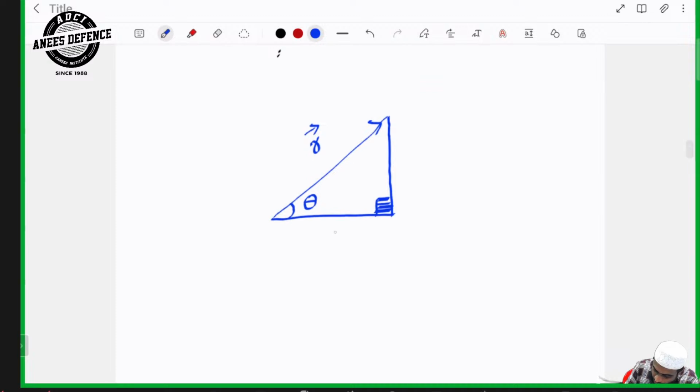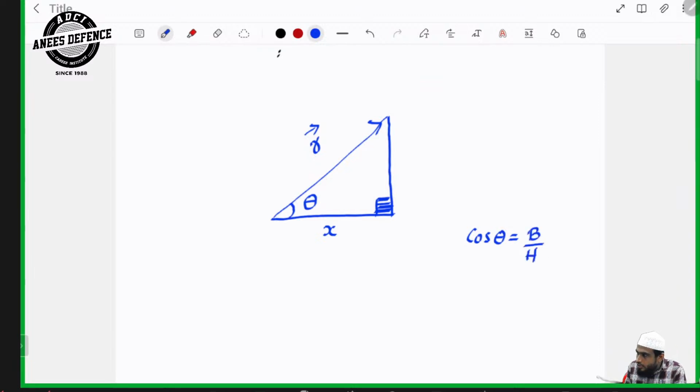For example, I am considering this as X. So in this triangle, what is cos theta? In a right triangle, base upon hypotenuse.